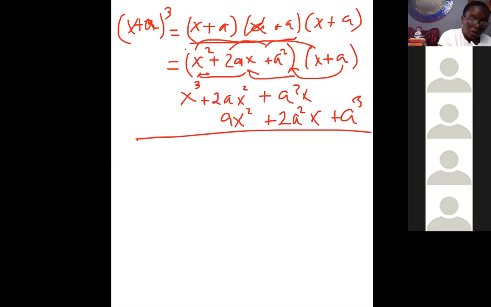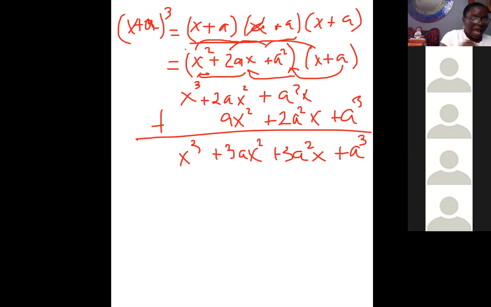When you add all this up, this would give you the answer for x plus a to the third power. So x cubed plus 3ax squared plus 3a squared x, and then plus a cubed.